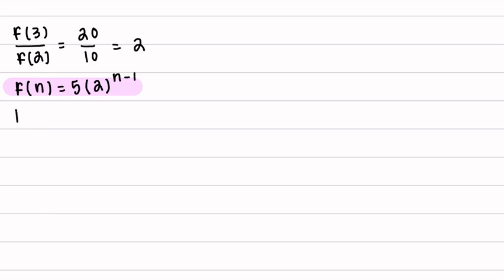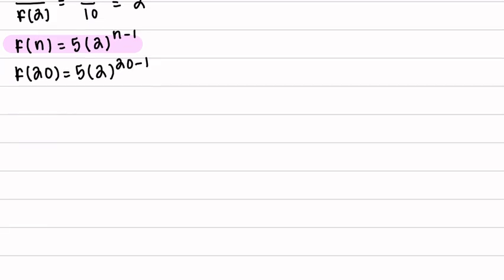So if I want to find the 20th term, f of 20 is equal to, just plug in 20 for n, 5 times 2 to the power of 20 minus 1. And all I need to do is type that in my calculator. F of 20 is equal to 5 times 2 to the 19th power.